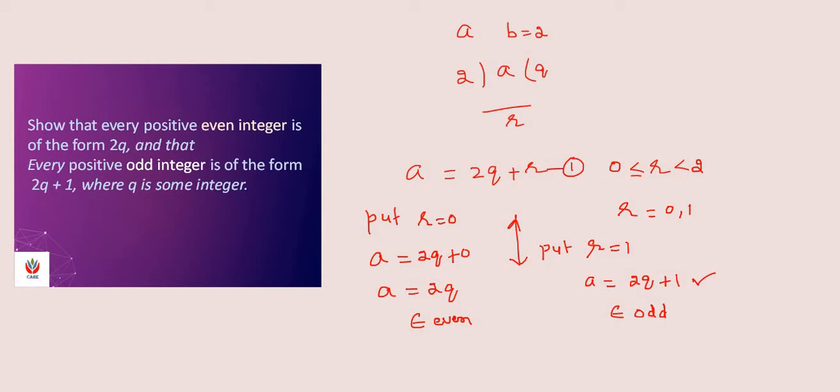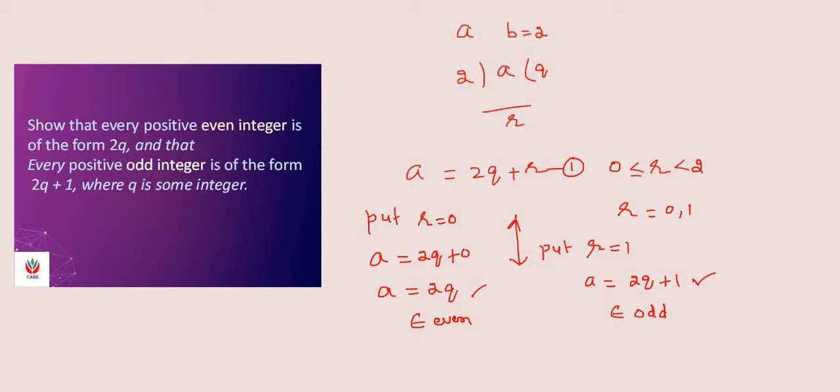As simple as that: even numbers are in the form of 2q, odd numbers are in the form of 2q plus 1. Overall, any positive integer that is even is in the form of 2q, and odd is in the form of 2q plus 1.